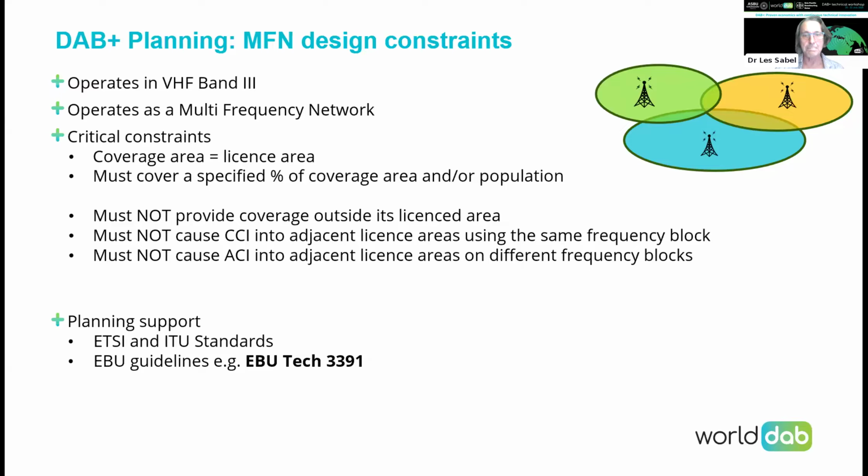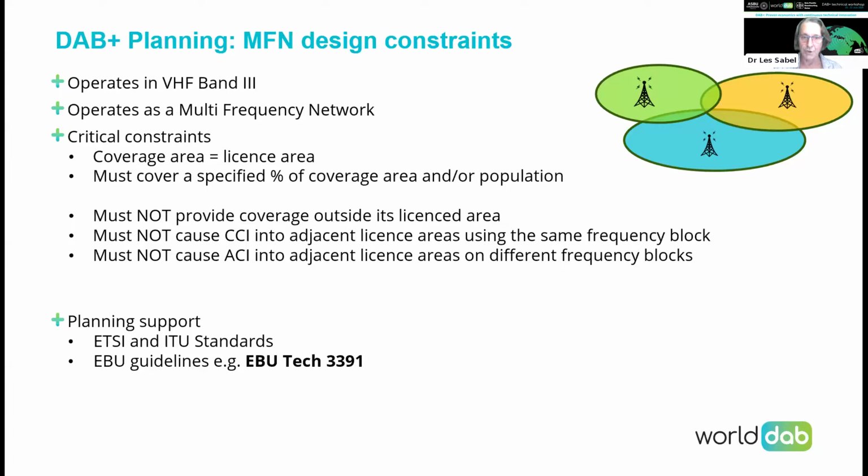And we've got what we can't do as well: it must not provide coverage outside its licensed area. That would then be overlapping and provide a service where it is not licensed, so that's not allowed. Usually that's a regulated requirement.